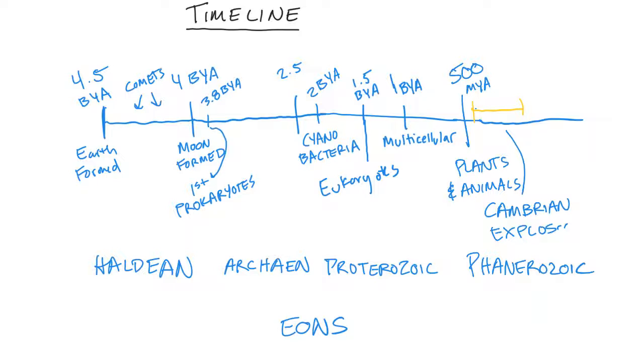And we'll talk more about that when we get into animals. But this is when animals then started to diversify, and we start seeing the phyla that we see today all evolved during this time period.